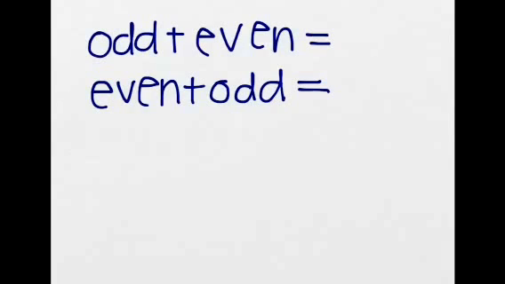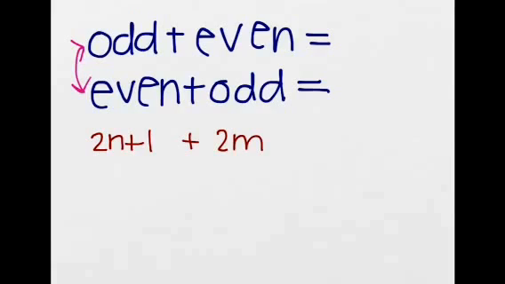Now let's look at the case when one number is odd and one number is even, and because addition is commutative, it doesn't matter which order they are in. So let's say our odd number is 2n plus 1, and our even number is 2m. Adding these together, we get 2n plus 2m plus 1.